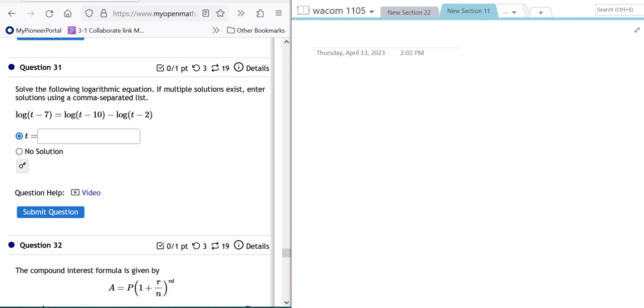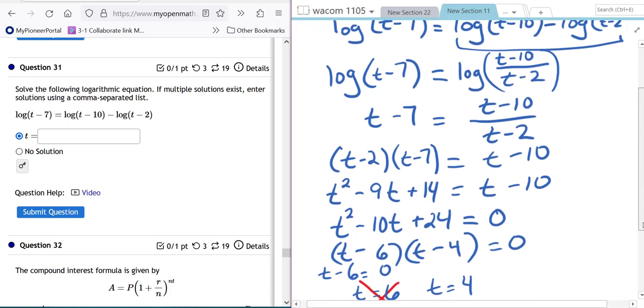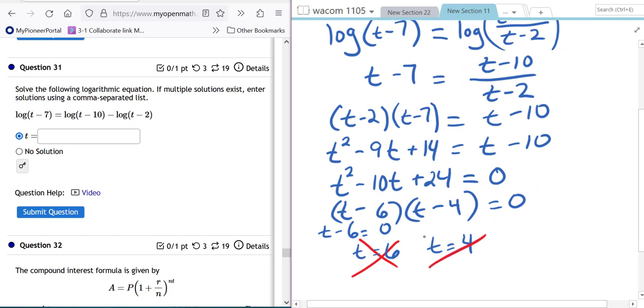Maybe I just messed up right here. 31. Yes, I just got off my page. Okay. So 4 didn't work either. And so this one has no solution.